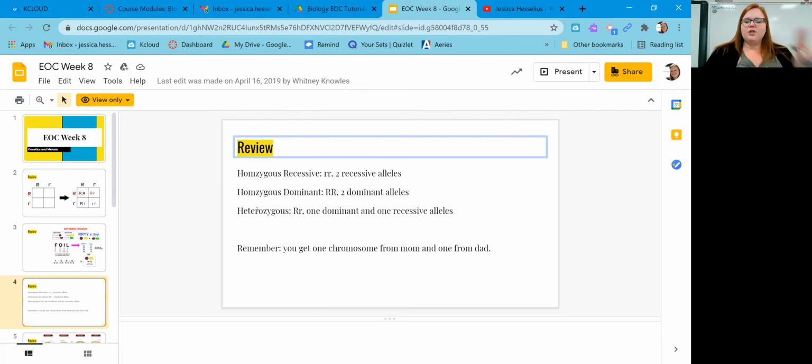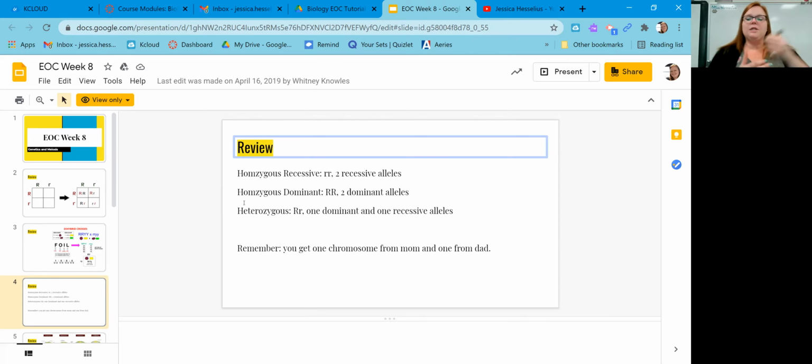Homozygous means you have 2 copies of the same allele. Now let's talk about what an allele is. Remember when I was describing the genes that are carried on your homologous chromosomes? You get 1 allele from each parent. Like you get an eye color allele from mom and an eye color allele from dad.